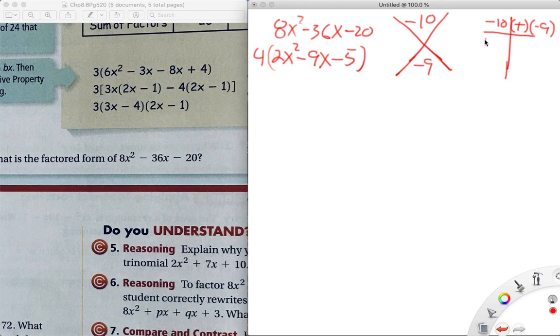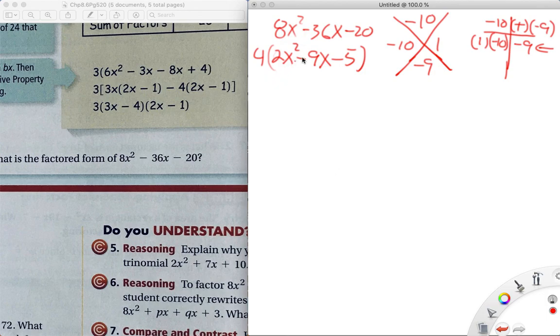That tells me that the bigger absolute value has to be negative. So if I do negative 10 times 1, that gives me negative 10. And if I add negative 10 plus 1, that gives me negative 9. So that's what I'm going to go with. So this is negative 10 to the left, 1 to the right.